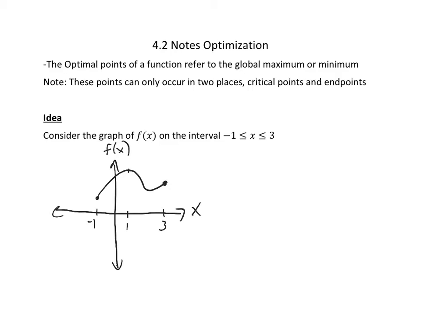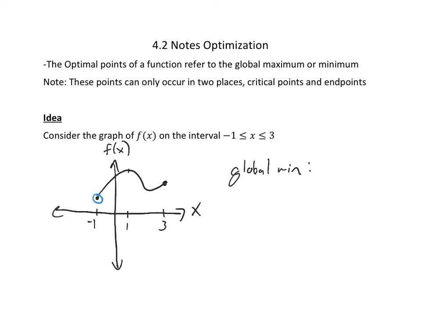Then for this function, we would say the global minimum, let's first talk about that. The global minimum, the smallest possible value of this function, occurs at this point. It's the lowest point along the graph of f of x.